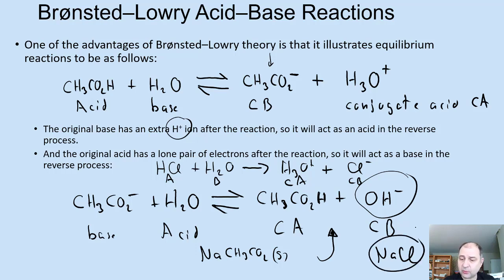So sodium chloride, the chloride will not, again, this is an equilibrium deal here, right? So if we have 100% of the products formed, then the chloride will not react with water to act as a base, to form hydroxide. But we still can label these as conjugate acid-base pairs.